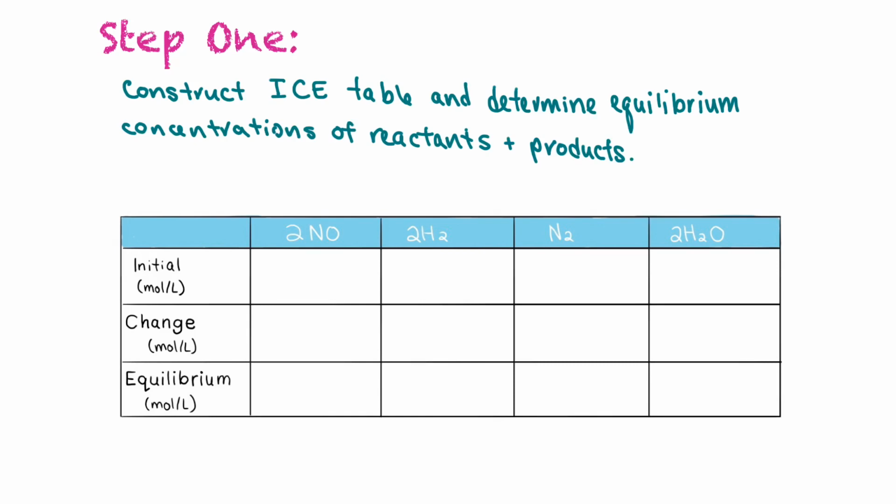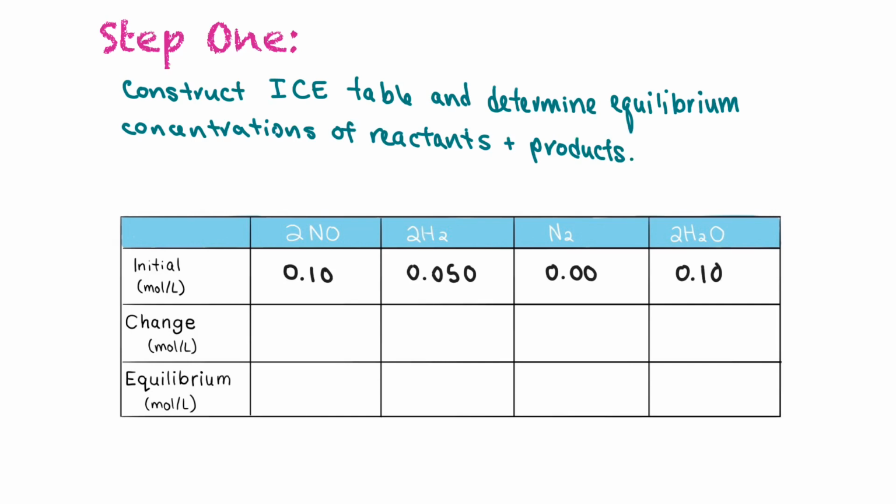So we'll refer back to our problem, and we'll see that the initial concentration of nitrogen monoxide was 0.10. The initial concentration of the hydrogen was 0.050. We didn't have any nitrogen in the vessel, so that's 0. And we had 0.10 moles per liter of water vapor as well.